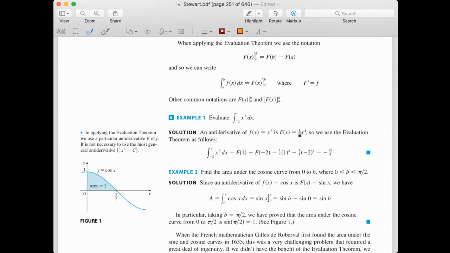Then we evaluate this function at 1, F of 1, and subtract F of -2. F of 1 is a quarter times 1 to the 4th, minus a quarter times (-2) to the 4th. We evaluate and get -15 over 4. Negative only means the area below the x-axis is bigger than the area above the x-axis. That's how we get a negative value.